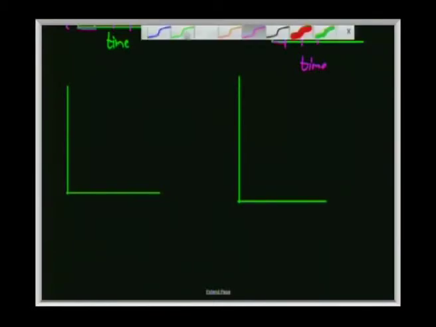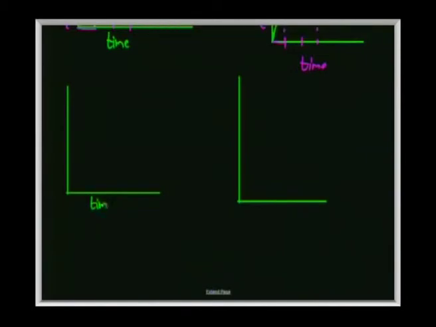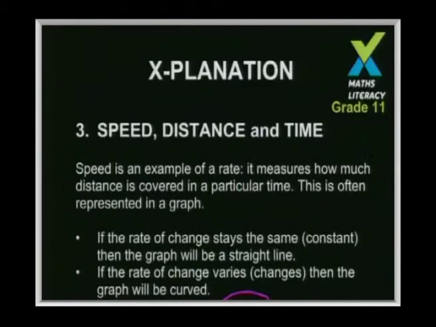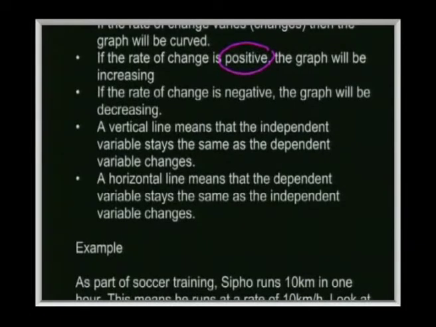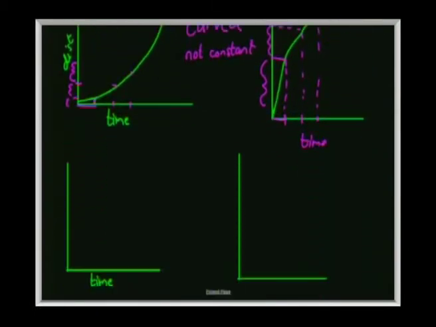And like we said, let's go back to our bullet point. If the rate of change is positive, the graph will be increasing. So if we have a graph that is increasing, it means that our graph will be going up, and it is positive.